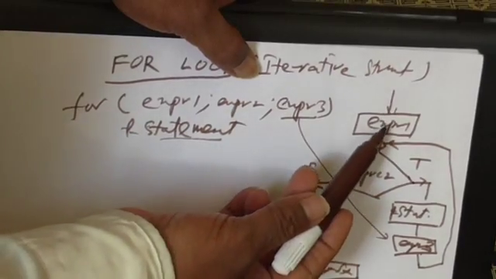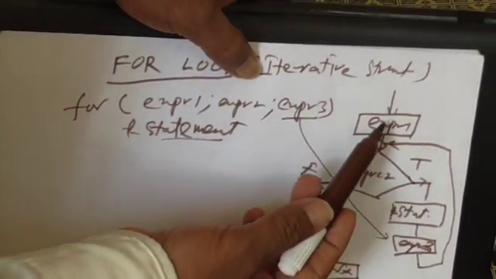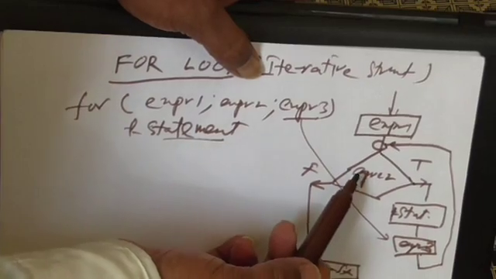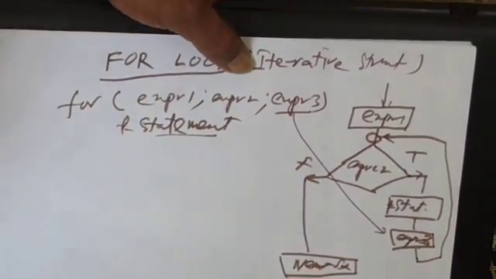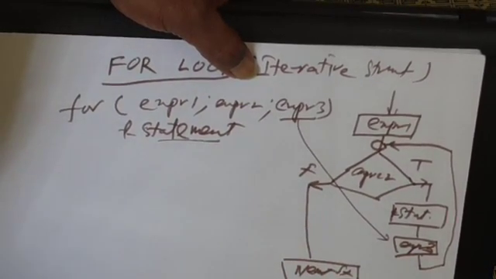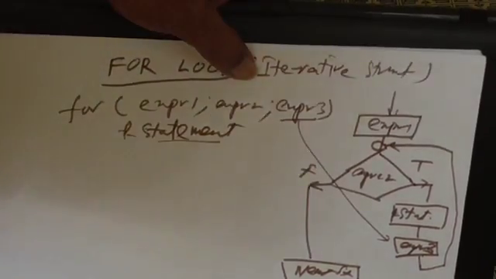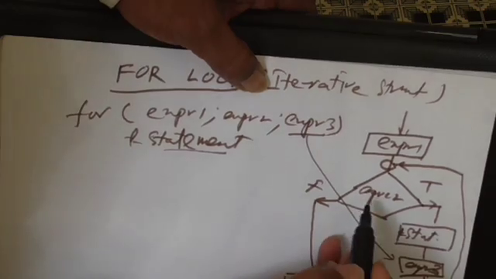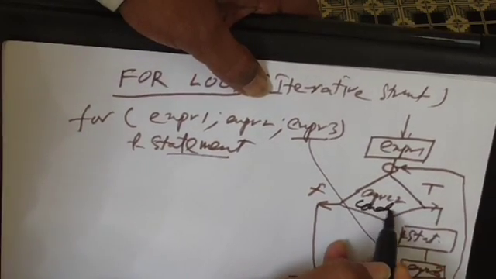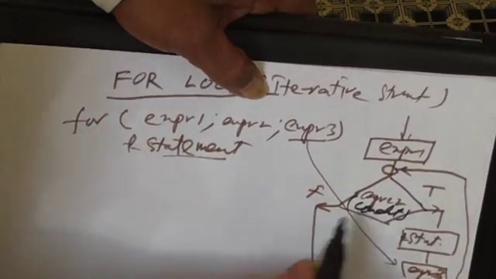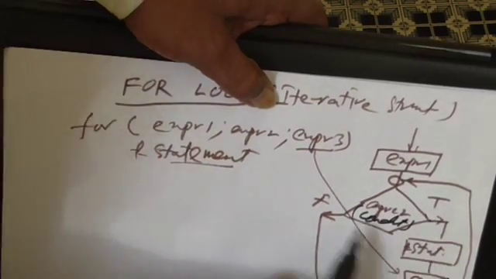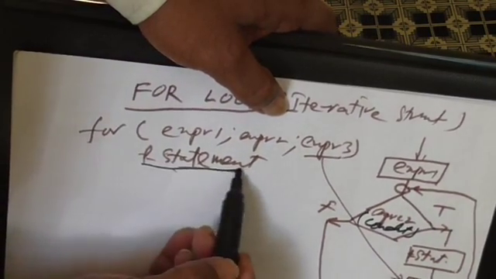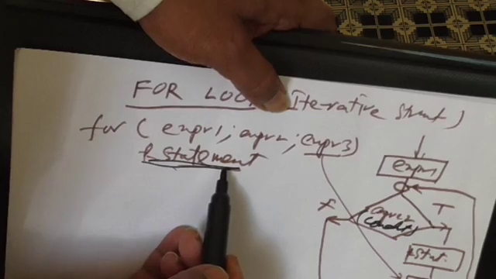So first expression 1 is executed only one time, then expression 2, or you can also call it a condition, will be checked. If it is true, then this T statement will be executed.